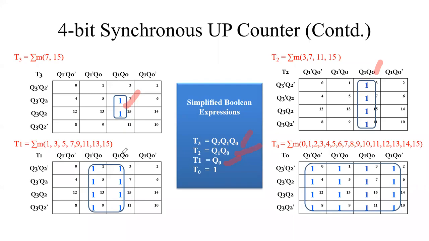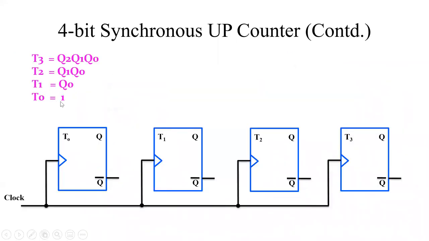So in the Q0 value, there is no change, and for that reason the answer is Q0. Coming to T0, all 16 cells are mapped here, and the final answer is 1. Like that, you have to analyze the 4 input expressions, the simplified Boolean.